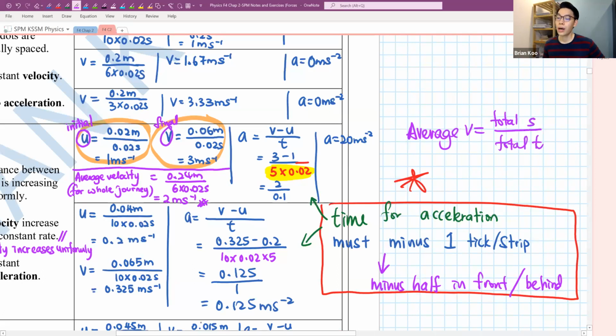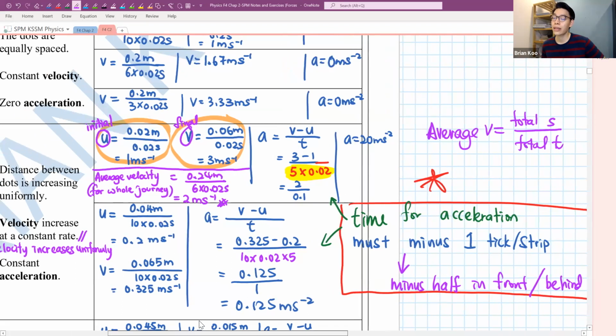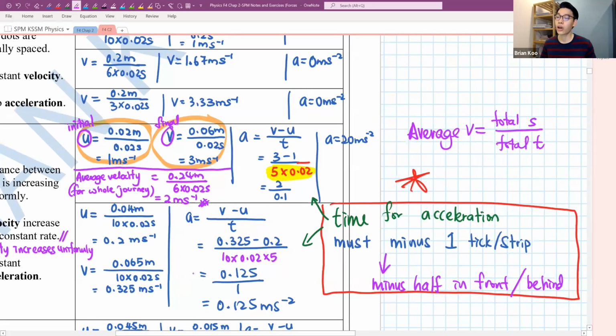Ethan, that is assuming that the acceleration is always constant. You can do that, but sometimes it can be a bit risky, and your teacher might not understand what you're doing. So it's better to stick to the original formula.